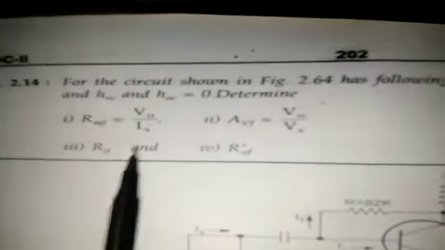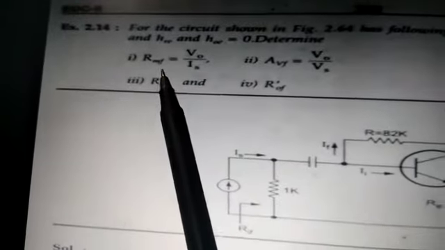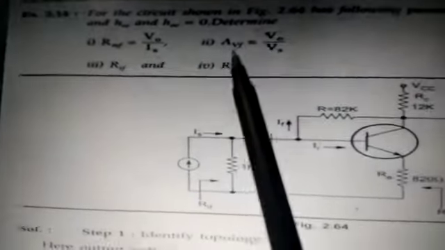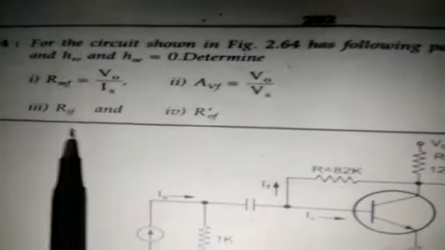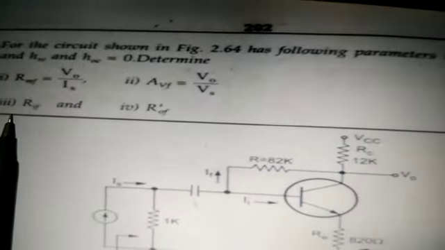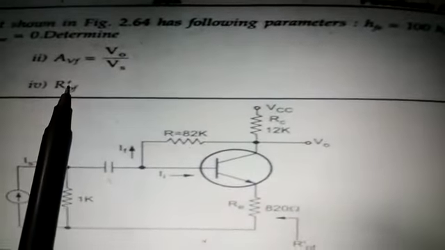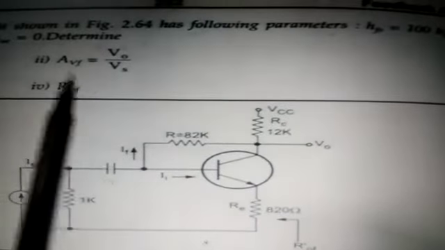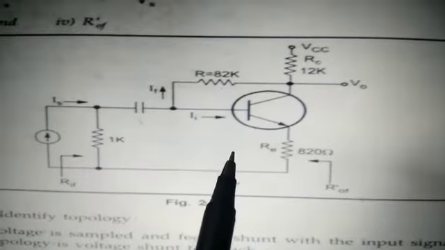Determine the input impedance R effective, AVF, voltage gain with feedback, then input resistance with feedback and output resistance with feedback. These 4 parameters we have to find, and this circuit is given here. You can see this circuit.